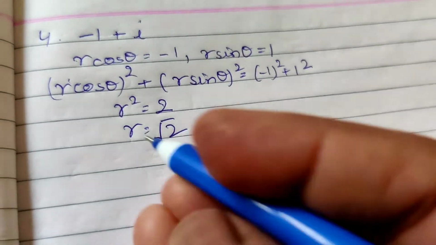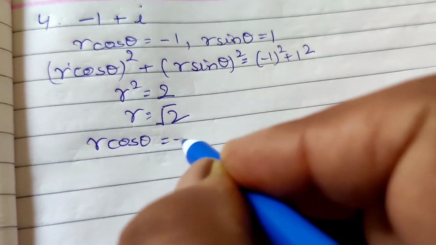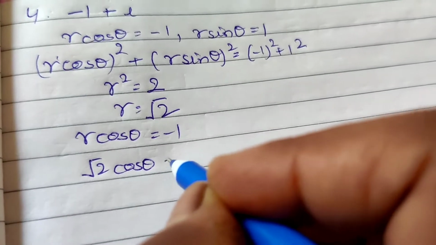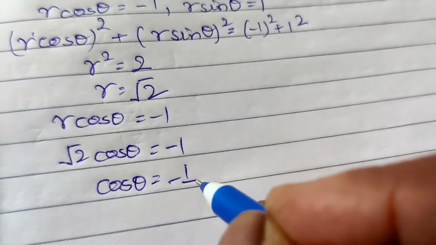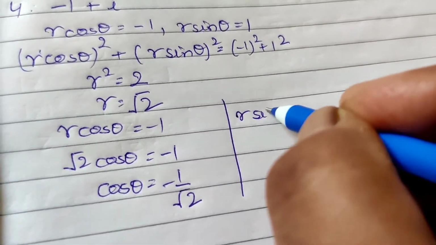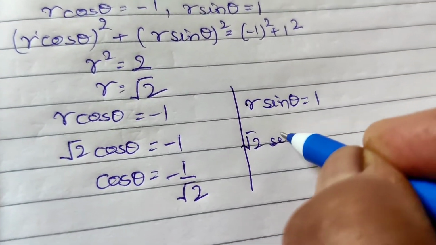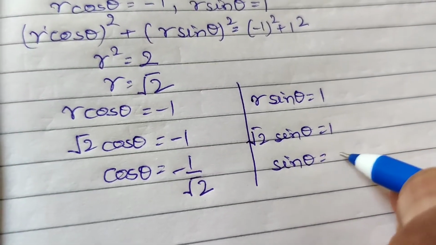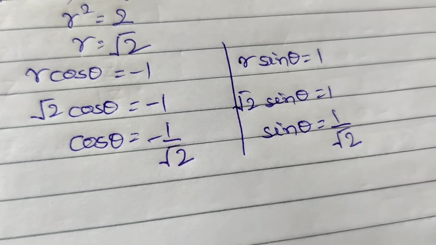And next, r cos theta equal to minus 1. It means root 2 cos theta, cos theta equal to minus 1 by root 2. And the same, root 2 sin theta equal to 1, sin theta equal to 1 by root 2. 1 by root 2 is the value of pi by 4.